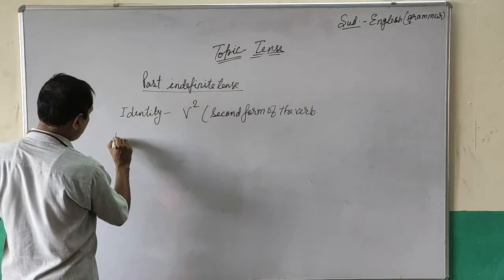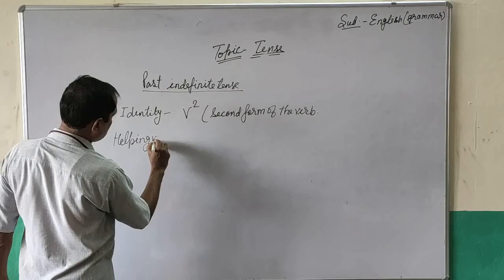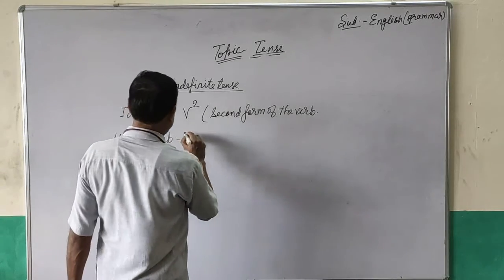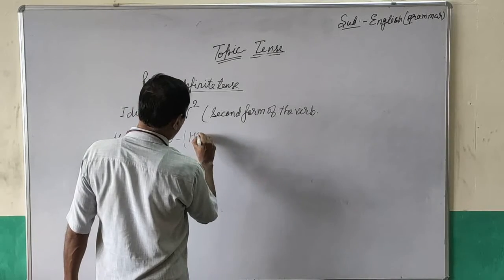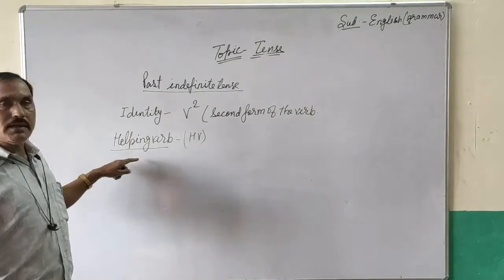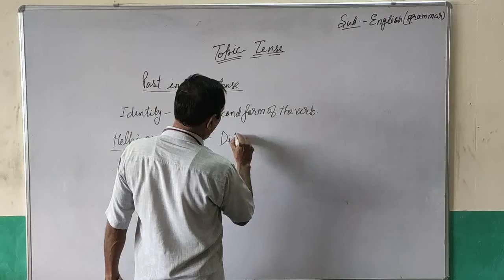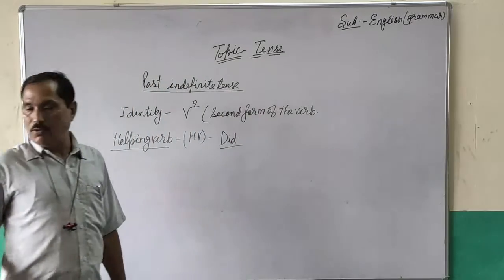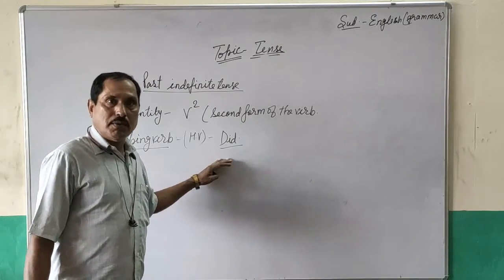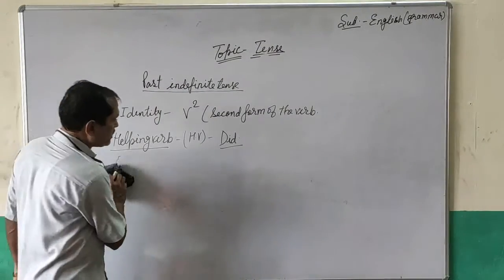Helping verb, in short, we write HB. Did. Both singular and plural number we use did.